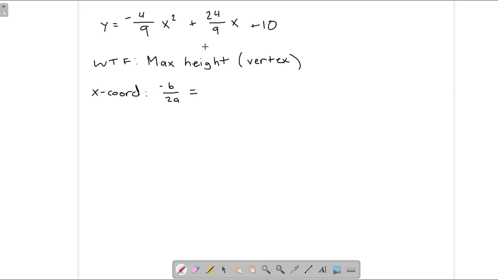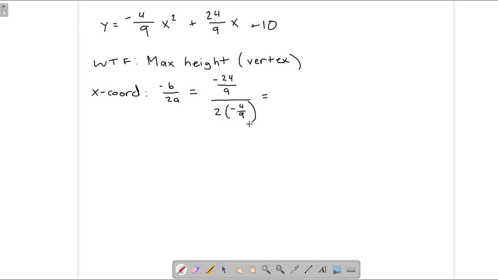And so here, my b is 24 over 9, so I'm taking negative b, negative 24 over 9, and dividing it by 2a, where my a here is negative 4 over 9, so plugging that in here. And let's first simplify this denominator here.